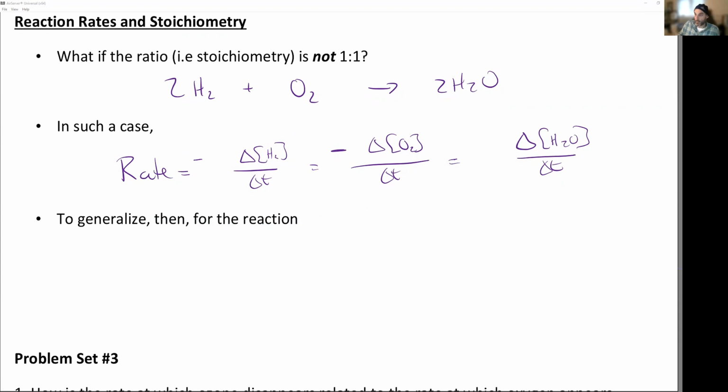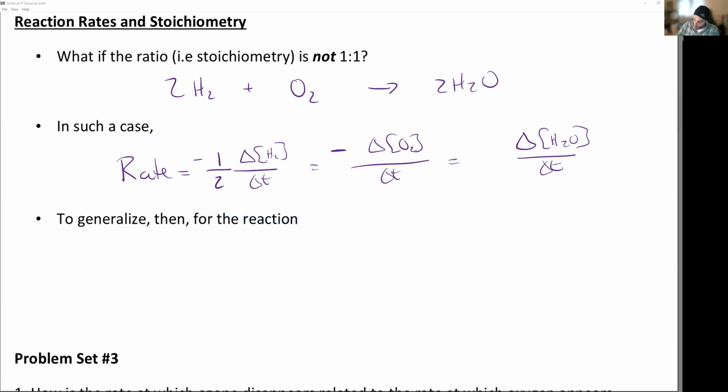So we're going to put the 1/2 in front. So 1 over the coefficient, just like oxygen is 1 over the coefficient of 1. So minus 1/2 H2 is equal to minus the change in my oxygen, because hydrogen is going away twice as fast.